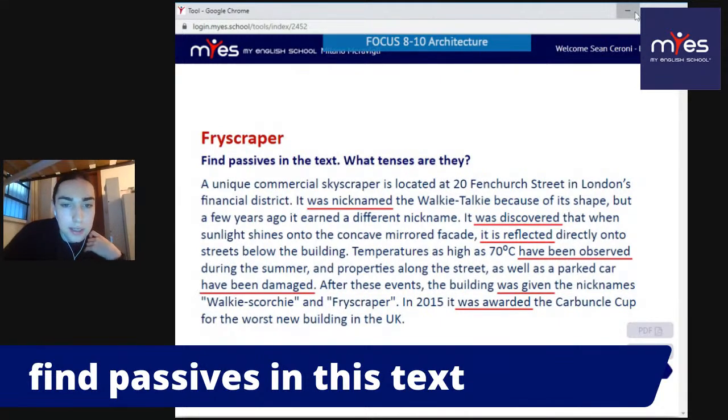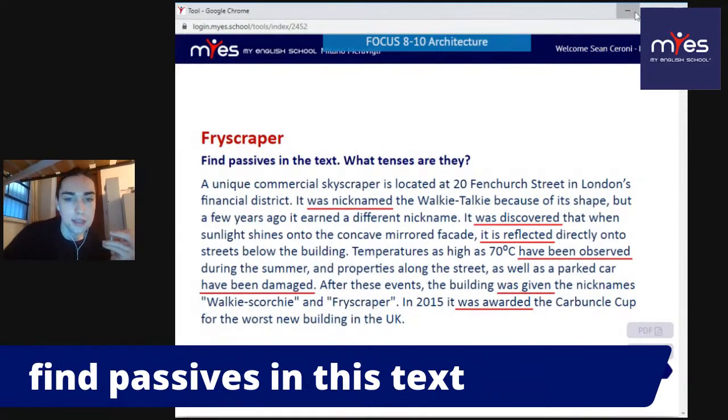It is reflected directly onto the streets. So the sun reflects directly onto the streets. It is reflected. Yeah? Okay. So reflects, present simple. We put to be in present simple, is.